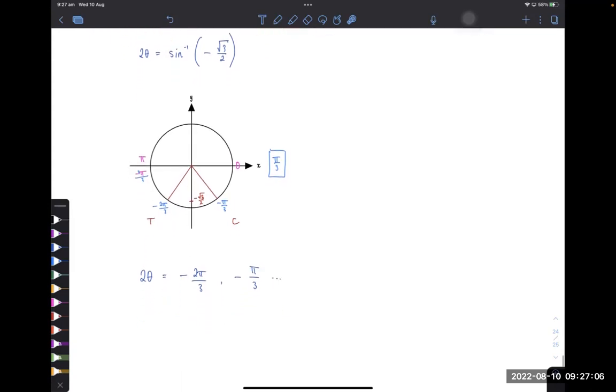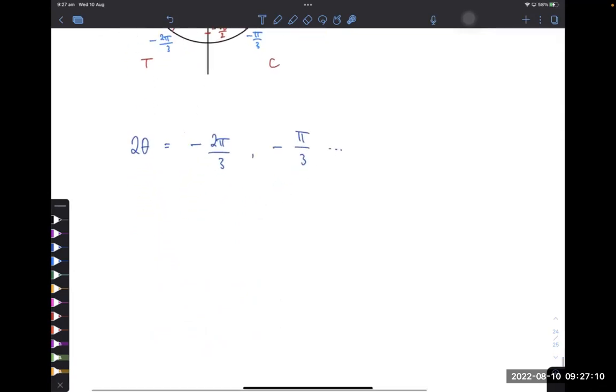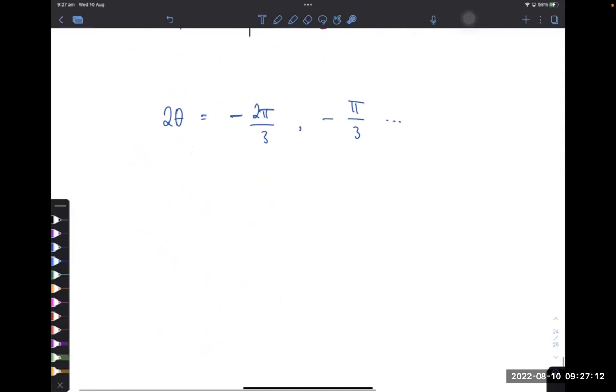What do we have to do now? Before I write the period, I'll move the 2 to the other side, right? So theta equals, and this is one of the few times that I'll actually discourage you to simplify.